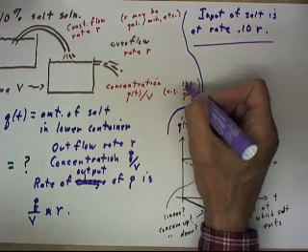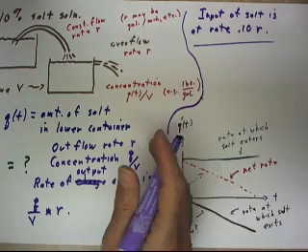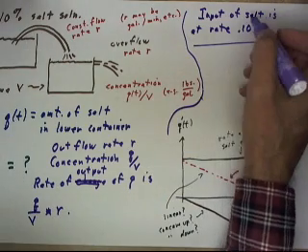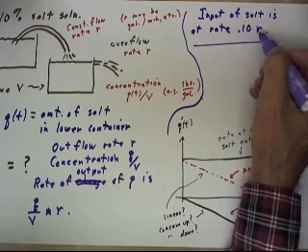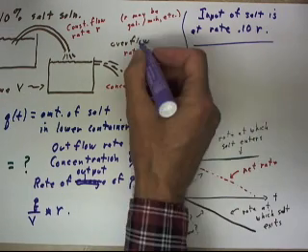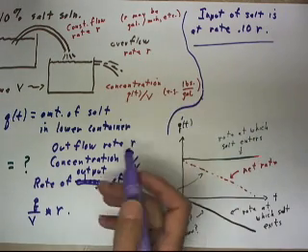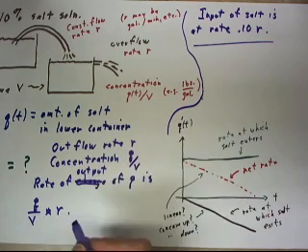You'd have a valid objection here. We're not going to worry about that right now. We're just going to say, okay, the input of salt we can consider to be 0.10 R, and we can adjust that for units in any way we set up the problem.